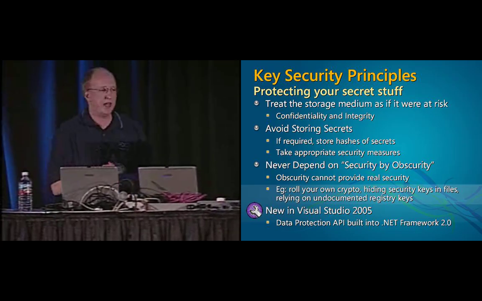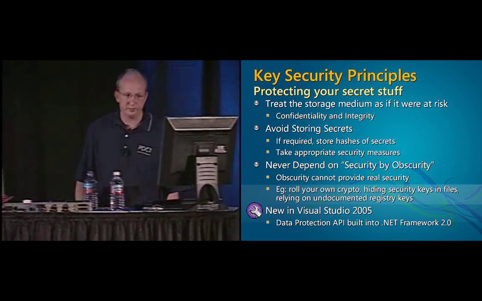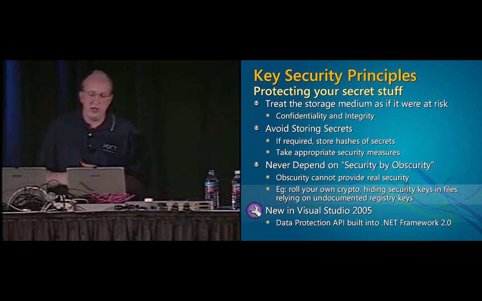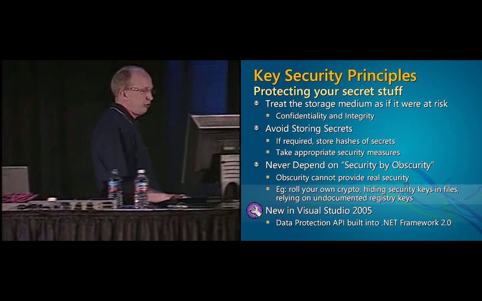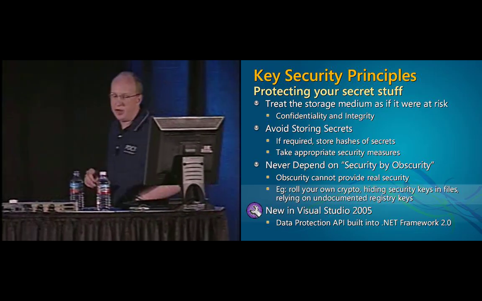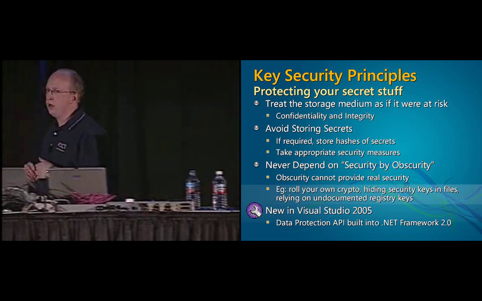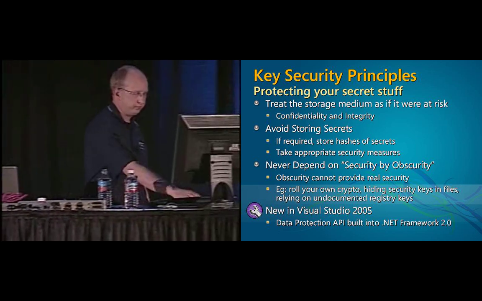Do you think they're pretty happy about that? So security by obscurity doesn't work. And if you do need to secure secrets, one of the new things in Visual Studio 2005 is the Data Protection API. The Data Protection API actually isn't new, but its exposure for easy use through the .NET framework is.